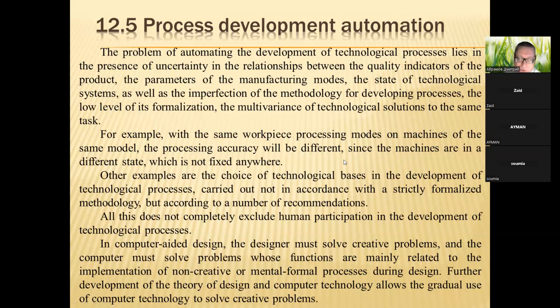Further development of the theory of design and computer technology allows the gradual use of computer technology to solve creative problems. So write down to your notes this part of the slide.